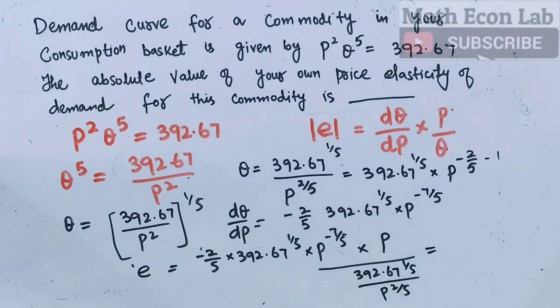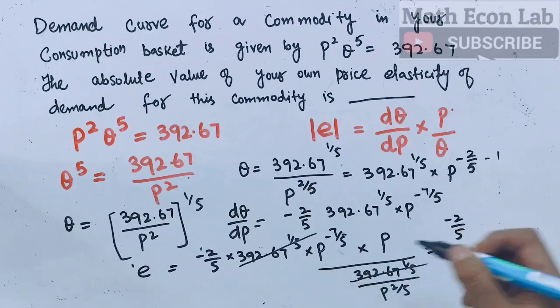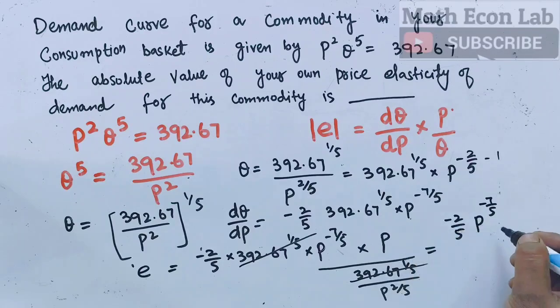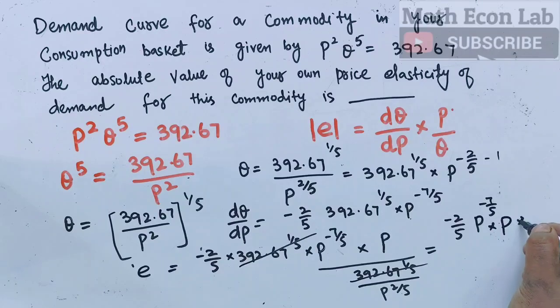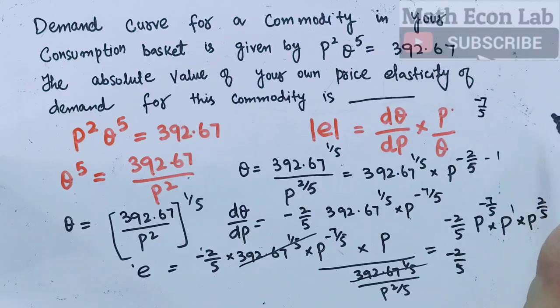Solving further, first this 392.67 gets cancelled, so we get minus 2 upon 5. Then we have p raised power minus 7 upon 5 into p, so it gets multiplied, it becomes into p raised power 2 upon 5. So we get minus 2 upon 5. Bases are same, we can add the exponents. So we have minus 7 upon 5 plus 1 plus 2 upon 5.